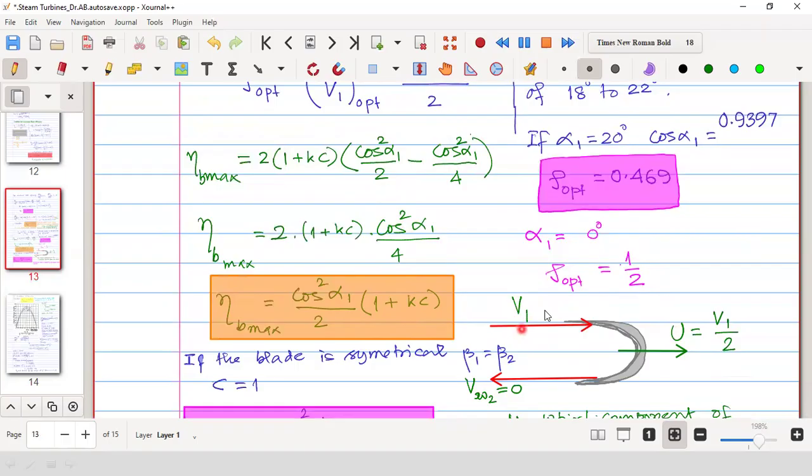Relative velocity will remain same. So at the exit, if it is leaving with 90 degree, then it will be basically 0. For maximum efficiency it is to be 0.